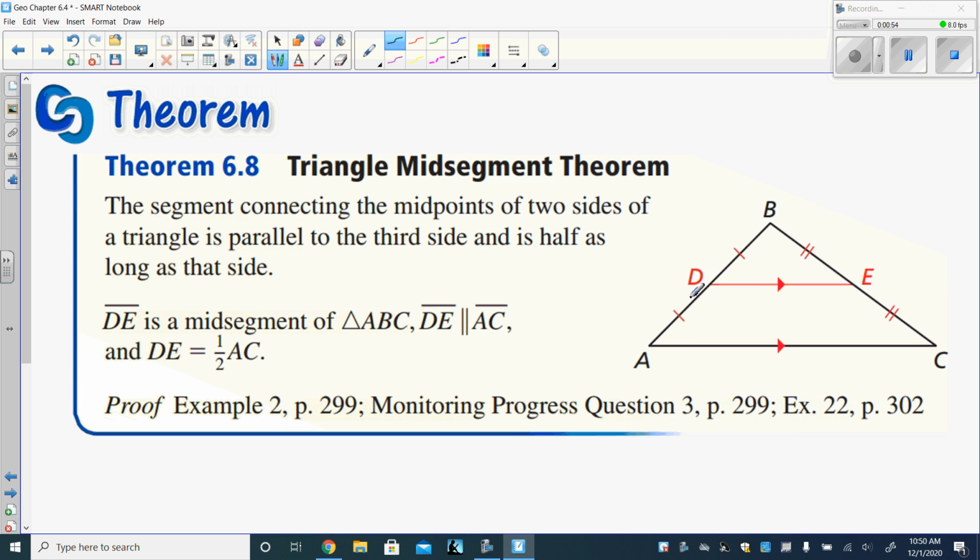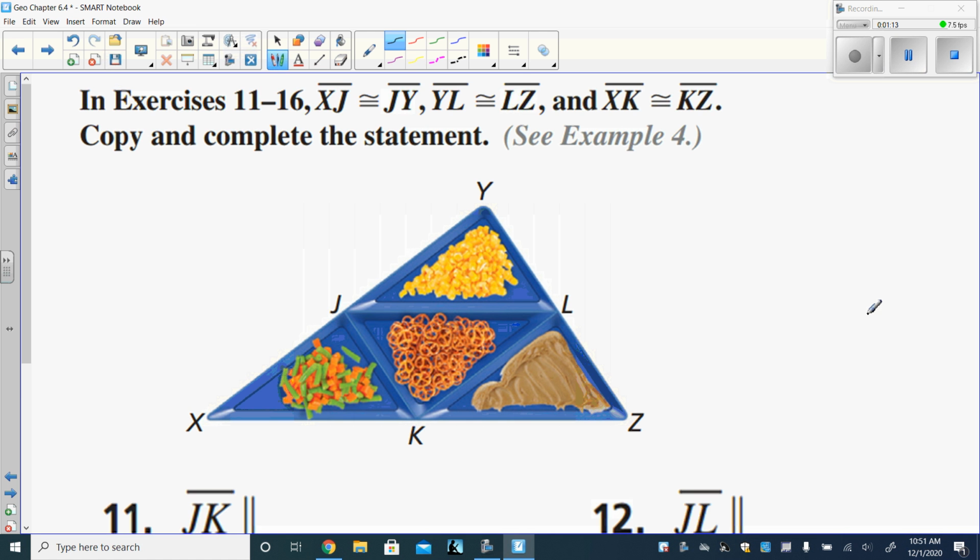And not just that. A mid-segment and the side opposite it are parallel. So DE is a mid-segment of ABC, and DE and AC are parallel, and it's equal to half of its length. And that's it.